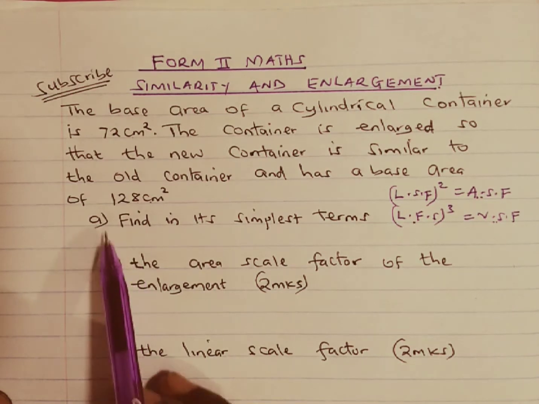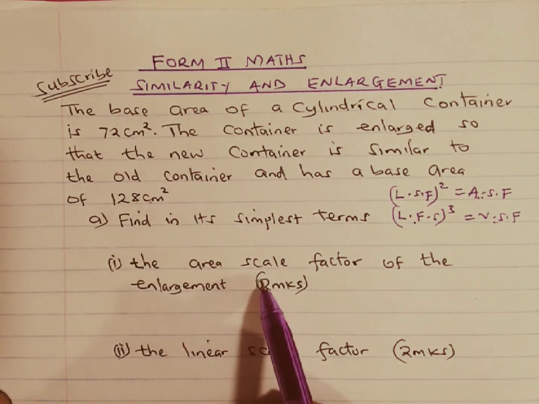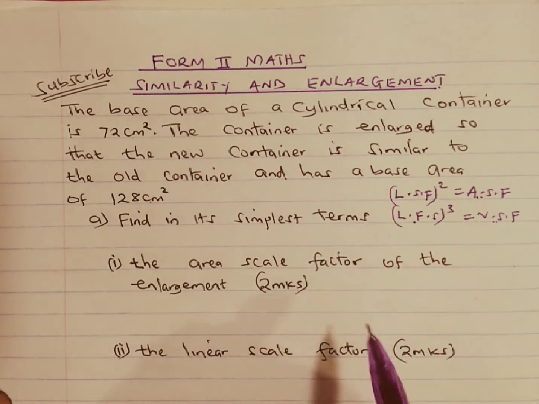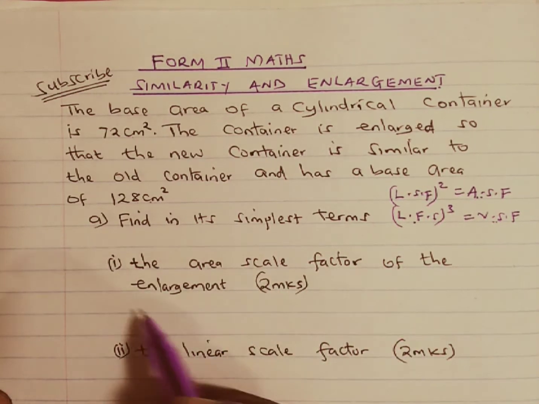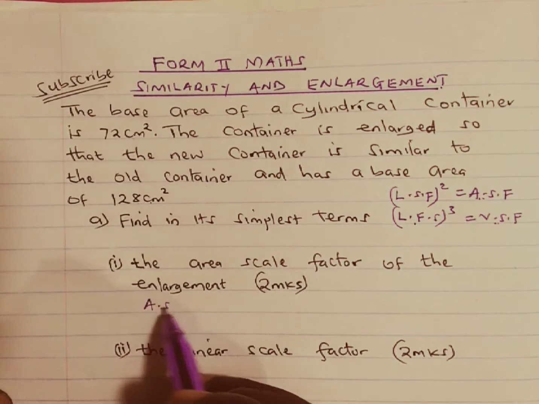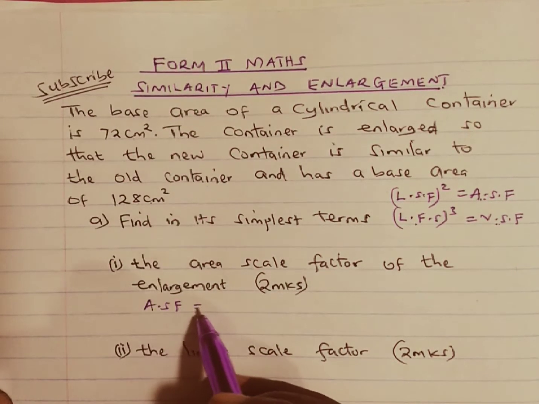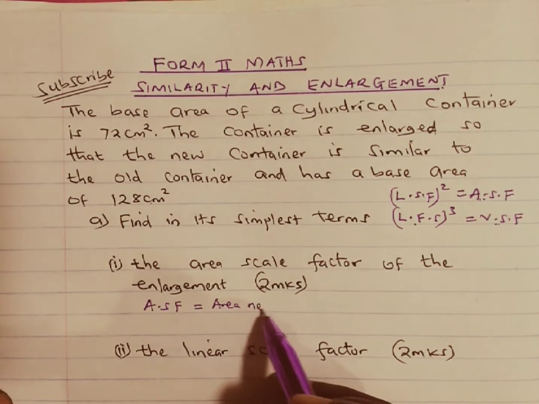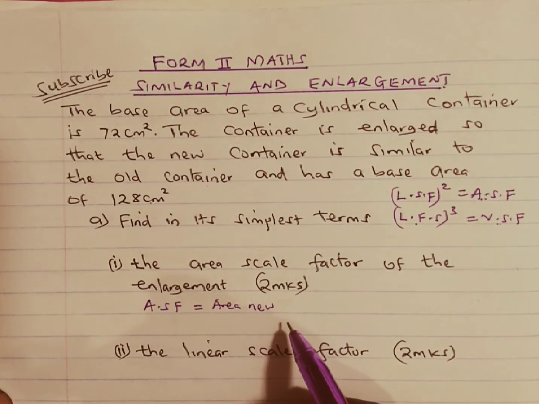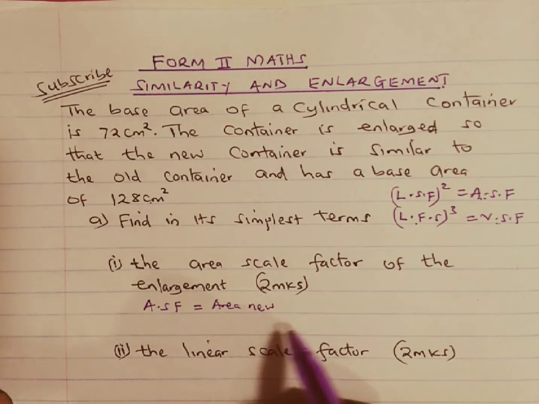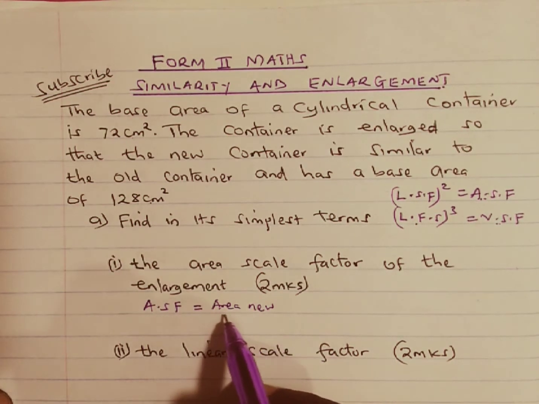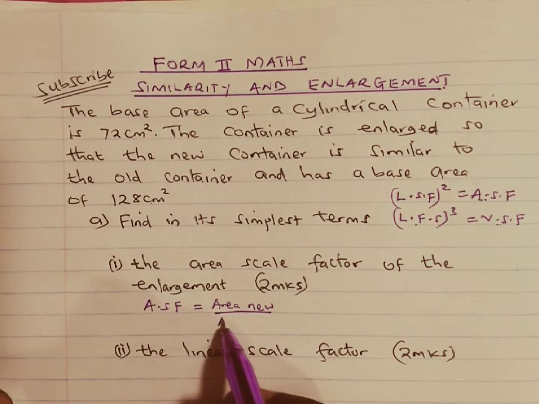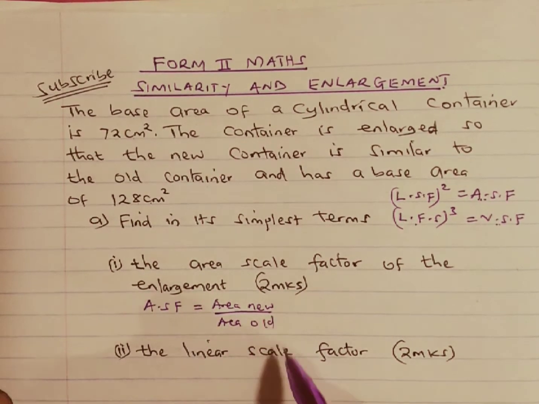Part A Roman 1, we are supposed to find the area scale factor of the enlargement. To get the area scale factor, we take the area of the new cylinder, or new area, we divide by area of the old cylinder.